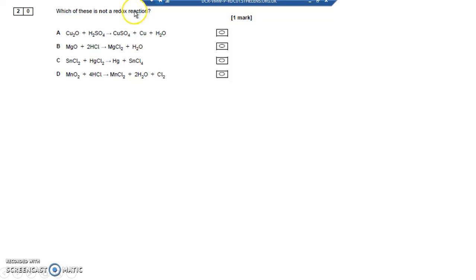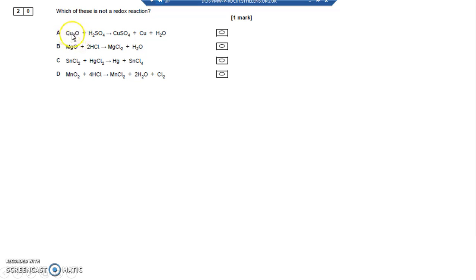Which of these is not a redox reaction? A redox reaction means that something's reduced and something's oxidized. So let's find something where there's no reduction or oxidation. Let's have a look at the copper here. Oxygen's in the -2 oxidation state, no charge left over. What number multiplied by 2 will cancel out a -2?